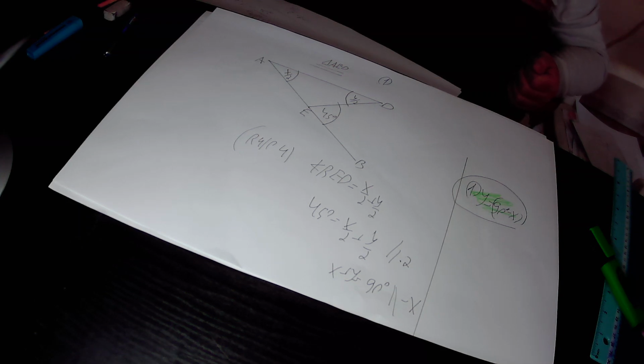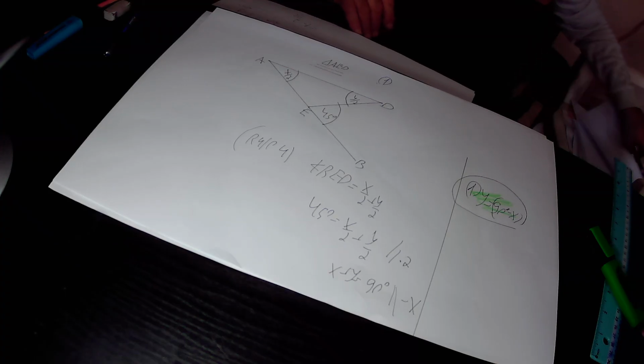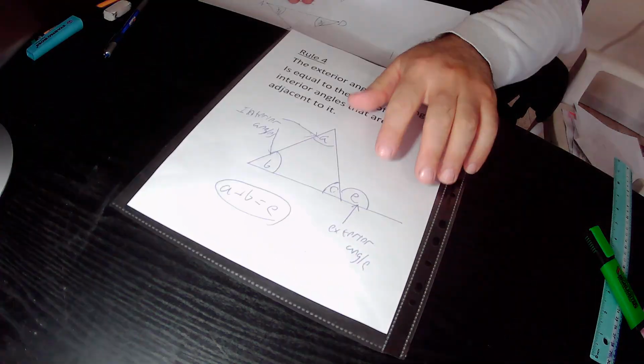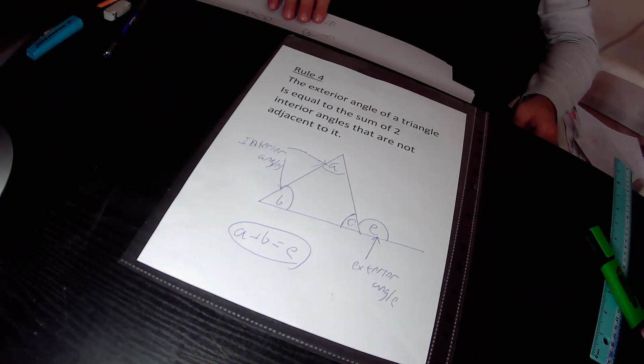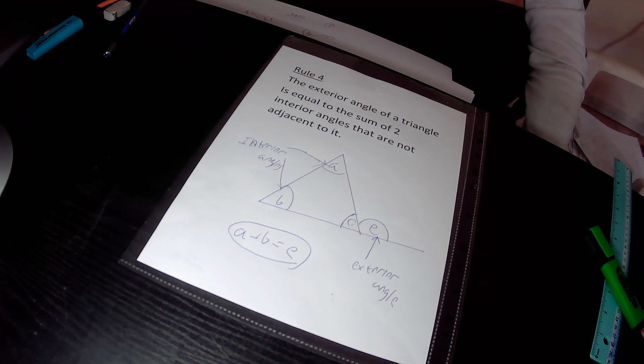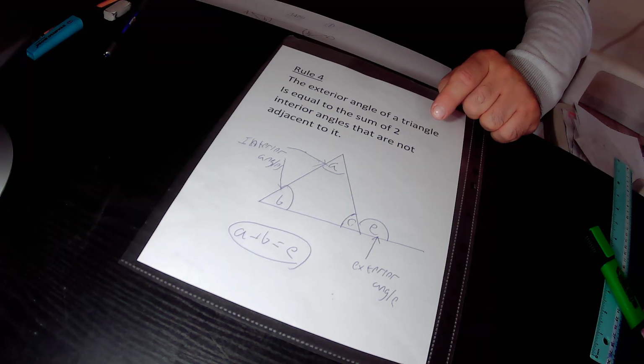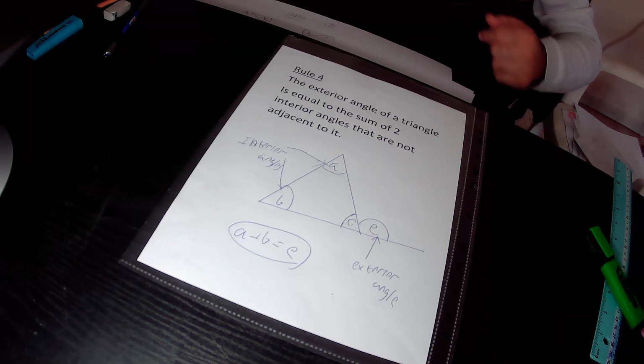Now we can implement here rule 4. So I print quickly on rule 4. According to rule 4, the external angle of a triangle is equal to the sum of the two interior angles that are not adjacent to it.